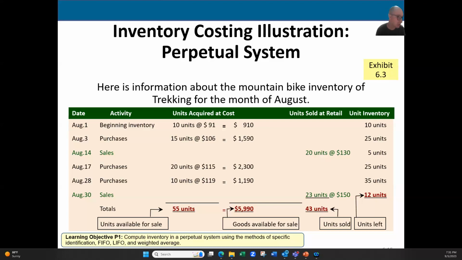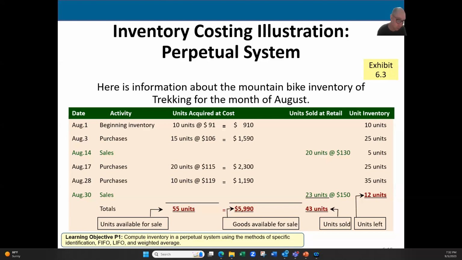August 3rd, we purchased an additional 15 bicycles at $106. That meant we purchased $1,590 worth of bicycles on August 3rd. We add the 15 units to our existing 10. Now we're up to 25 units total on August 3rd.